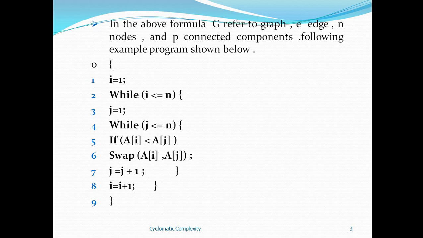In the formula, G refers to the graph, E for edges, N for nodes, and P for connected components, the number of modules. Here the module count is 1, since it is a single program. We have to find the number of nodes and the number of edges.